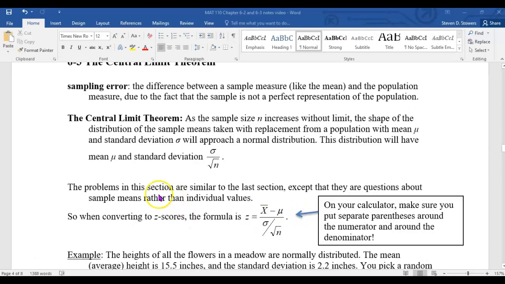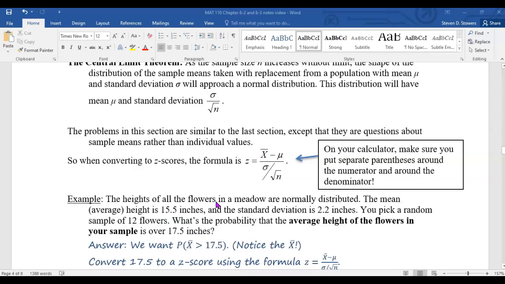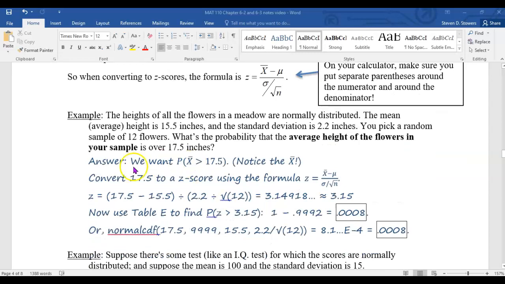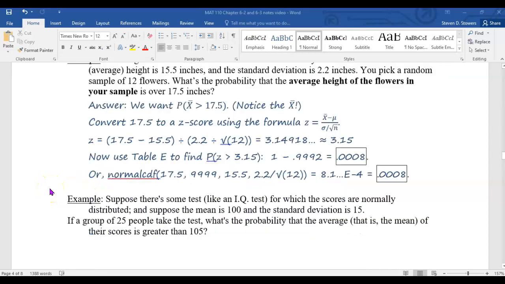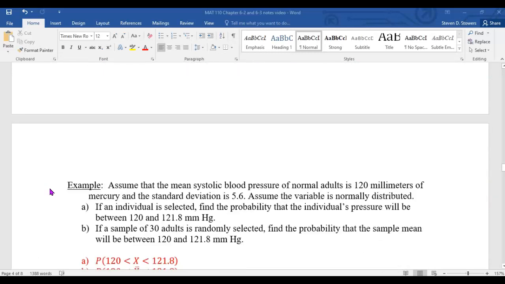So the problems in this section are going to be similar to the last section, except that they're going to be questions about sample means rather than individual values. So this first example is already worked out in your notes. So rather than explain this one, let me skip ahead to another example and work through that for you.